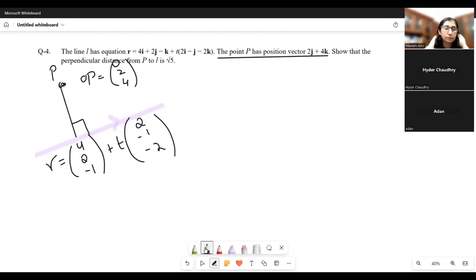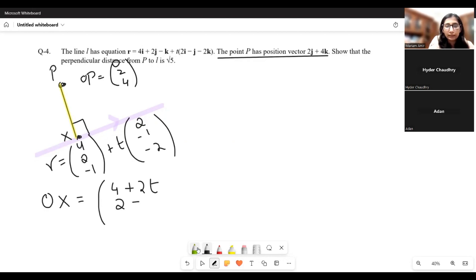Okay, so we have to show that this distance is square root of 5. All right. So what we'll do, we're calling this point X. And first of all, we're going to say that OX, since X is lying on the vector line, will have position vector (4 plus 2t, 2 minus t, and -1 minus 2t).